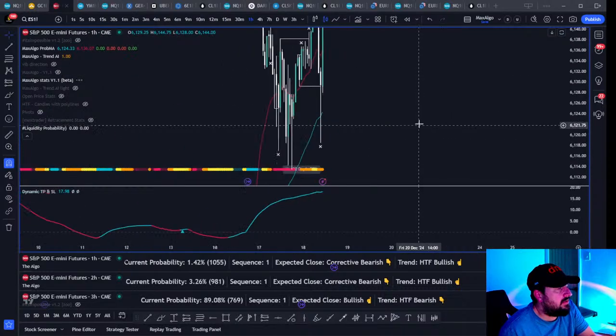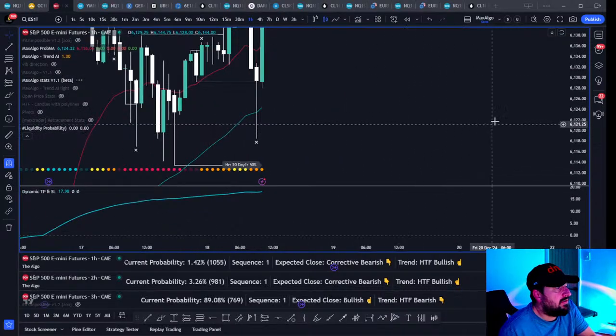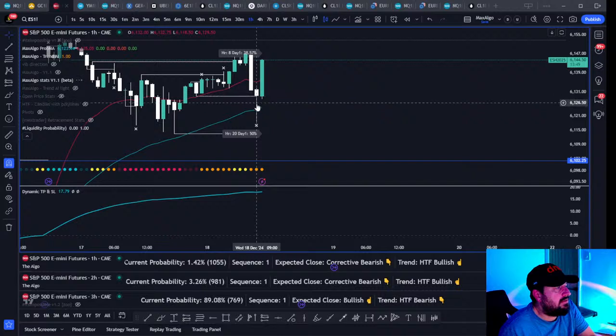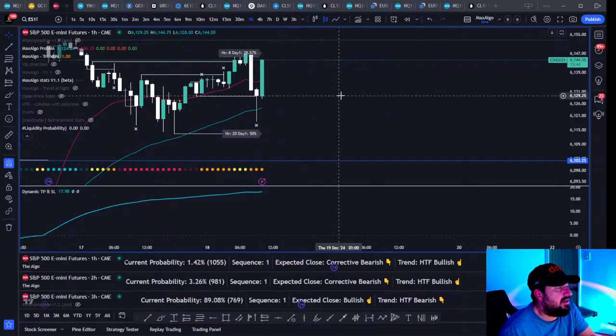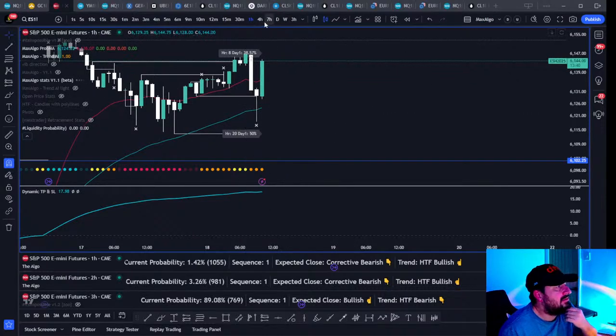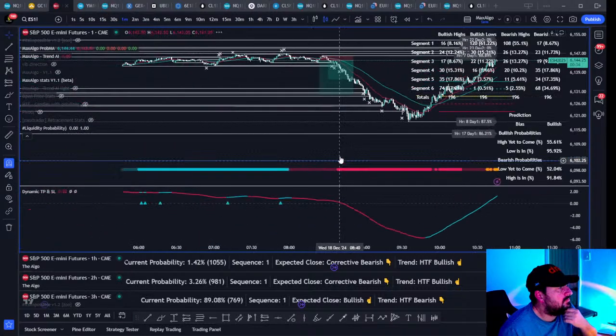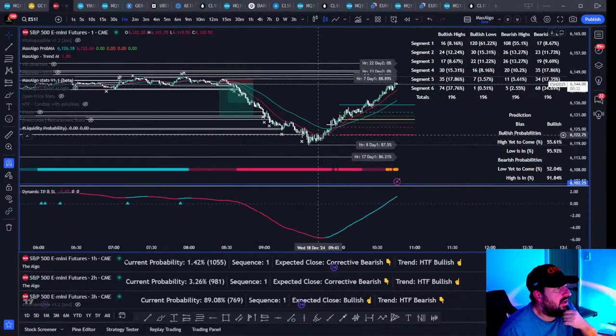Look at that wick. It's that. Boom. Tap. Drive back up. That is the wick.